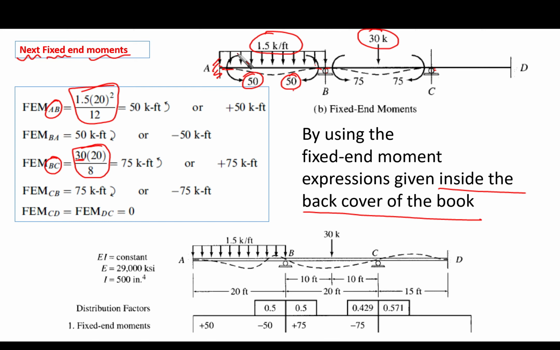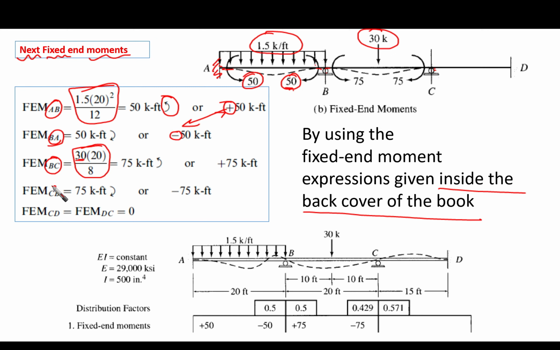So 50, which is fixed end moment AB, is counterclockwise, so it is positive. However, for FEM BA, which is here, it is clockwise, 50, so it is going to be negative. Take care of this. We have explained this many times in the slope deflection method. We can revisit them again, and you are going to understand the meaning of these signs.